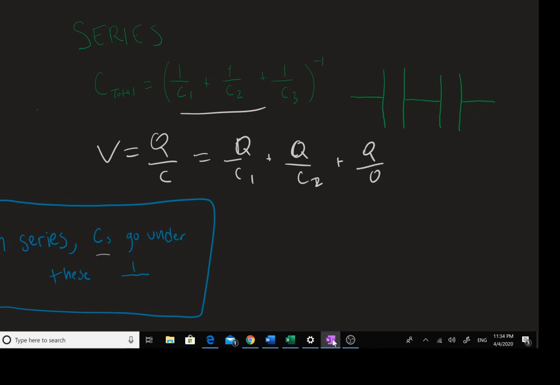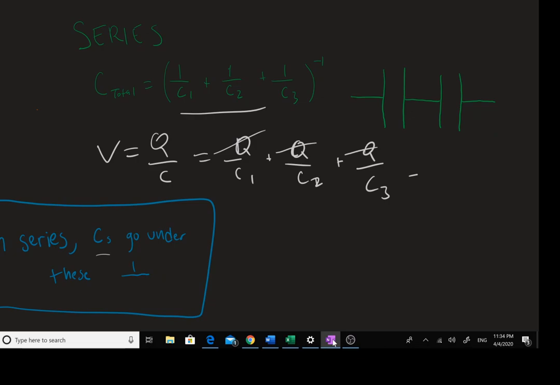And since we know that the charge is going to be the same coming in and going out at each one, we can just ignore that. So we can just add up these inverse capacitances, and that will equal the inverse of the total capacitance. So that's why we take the inverse at the end.